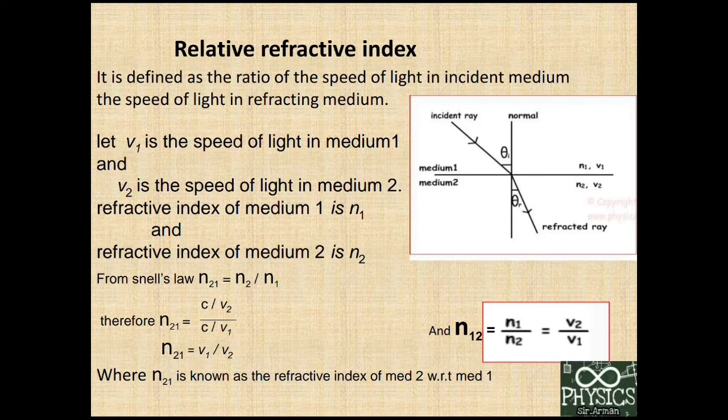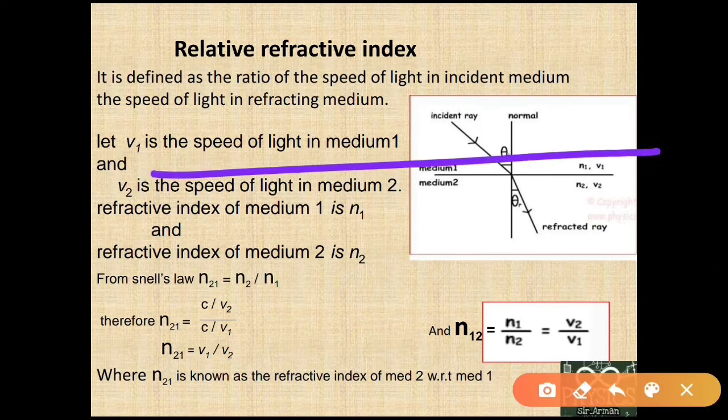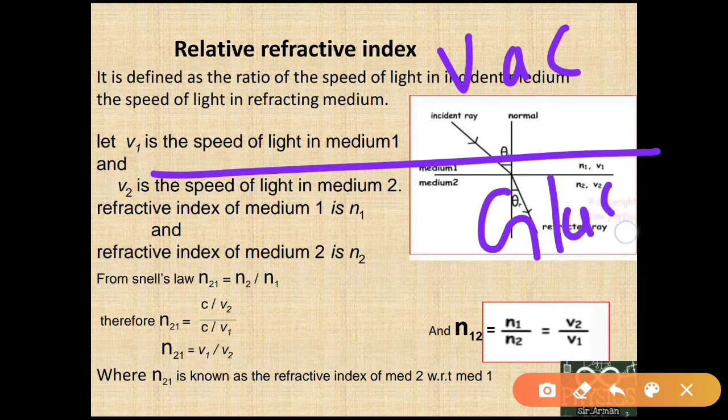When light is traveling from one medium to another medium, suppose for example from vacuum or air to glass, which physical quantity remains constant? Option 1, velocity.